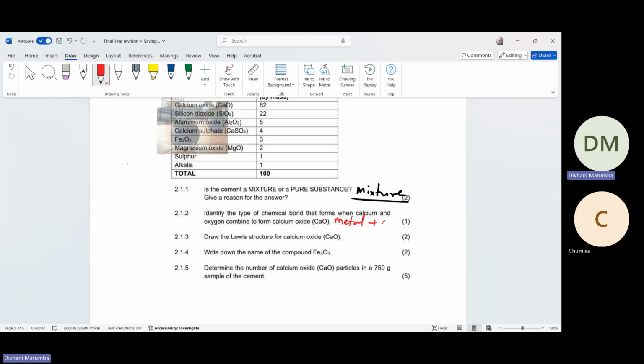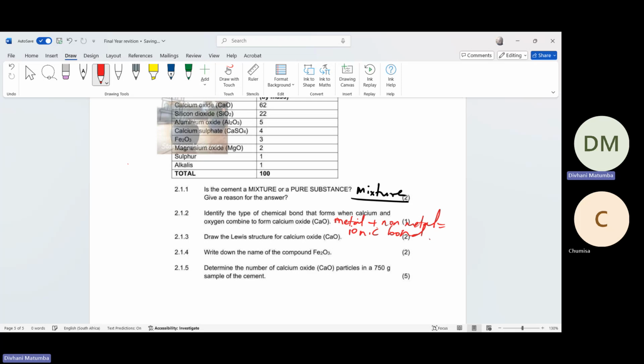Metal plus non-metal. This is an ionic bond. You must go back to your notes, Kumisa, but it's fine.